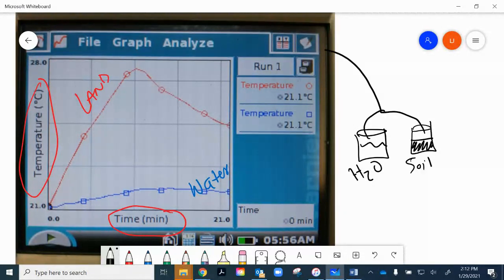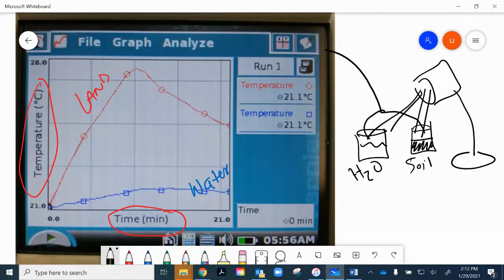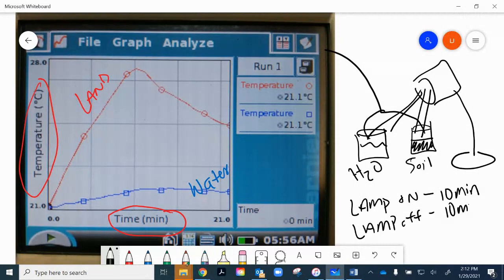What we found is, with a lamp shining down, we had the lamp on for 10 minutes, and then we did lamp off for 10 minutes just to see the difference.